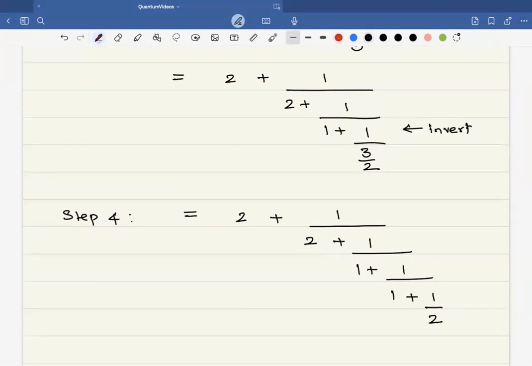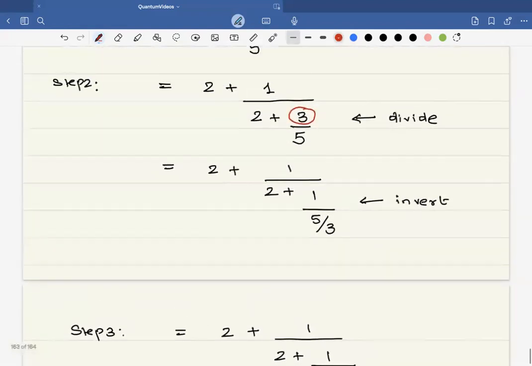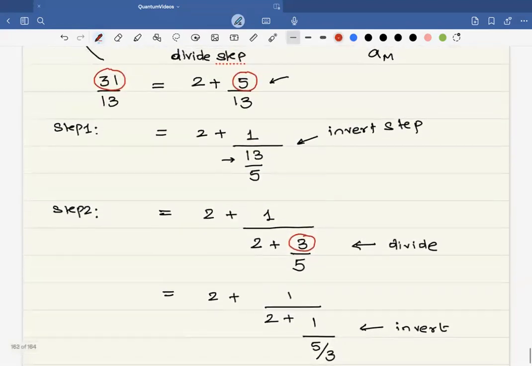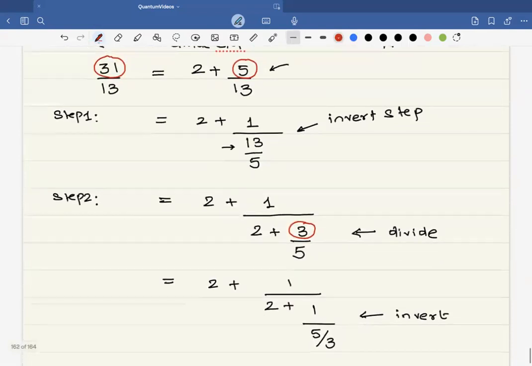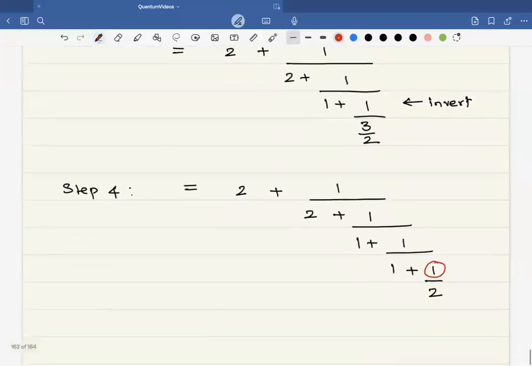And we note down the numerator. And this is where the algorithm terminates, because when I flip this, you will get an integer, right? So the algorithm terminates over here. Now I'm going to write down the numerators. So the first numerator is 31, then 5, followed by 3, followed by 2, and then followed by 1.